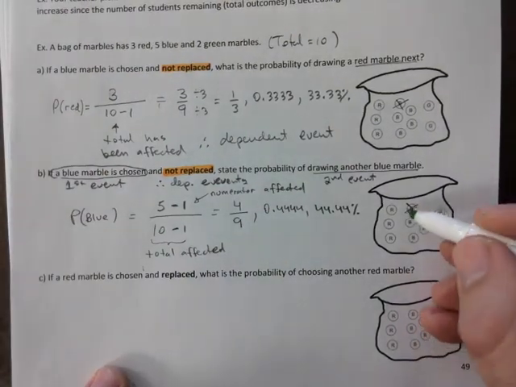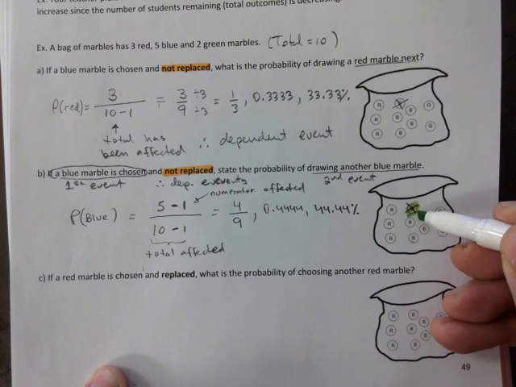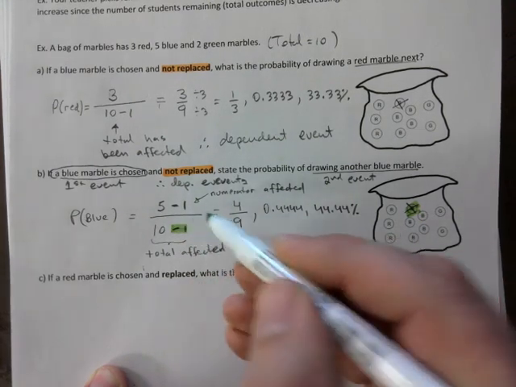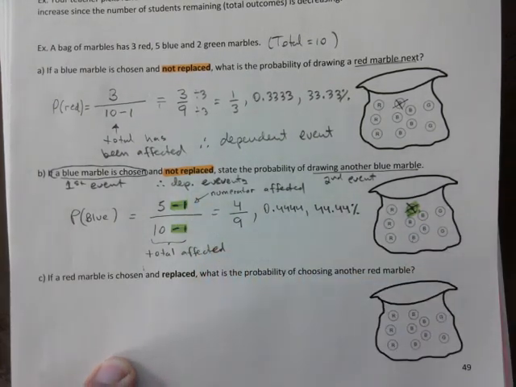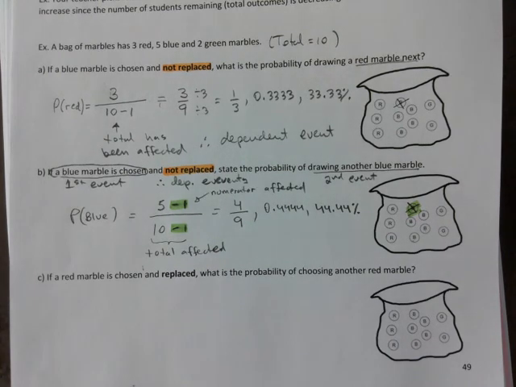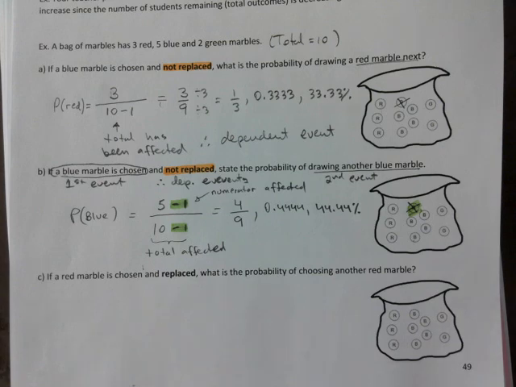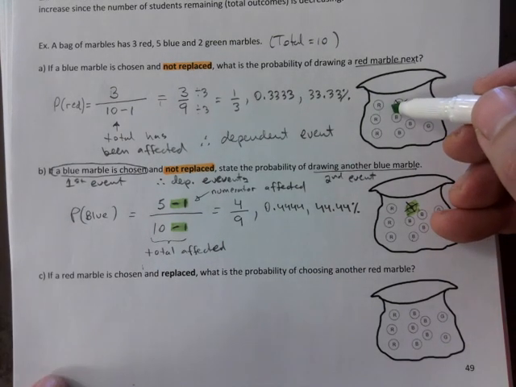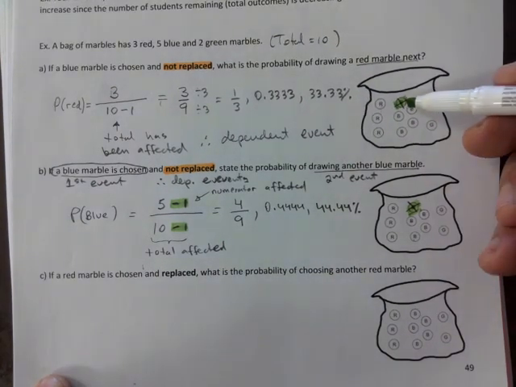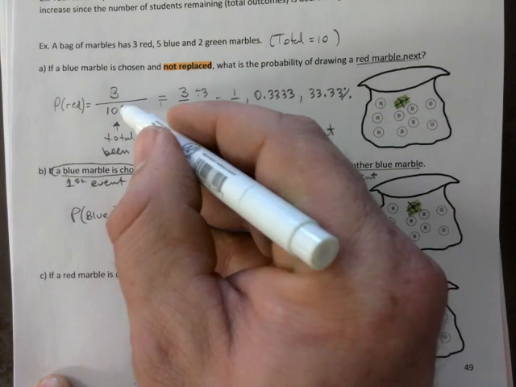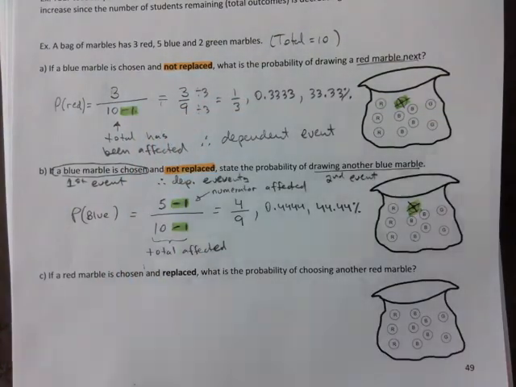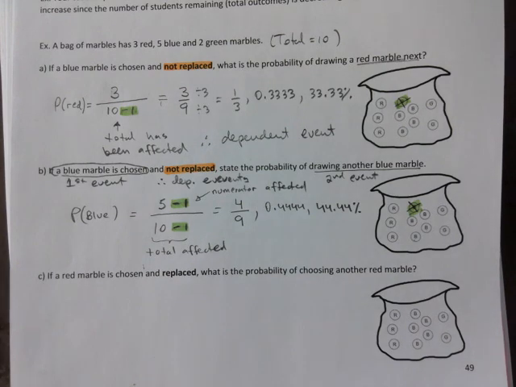I'll just highlight this one that we got rid of, and that's the one here and there. Earlier, this one here, I'll use the same highlighter, that's the one we removed. It only affected the denominator there. Can you wrap your head around this? Yeah?